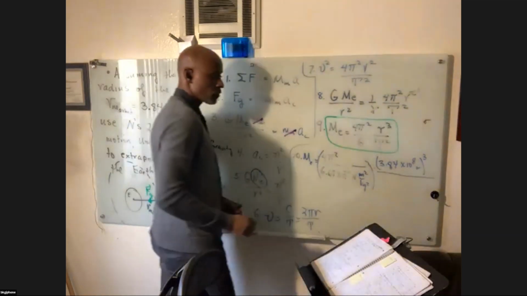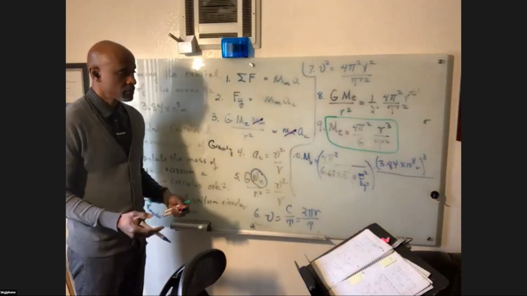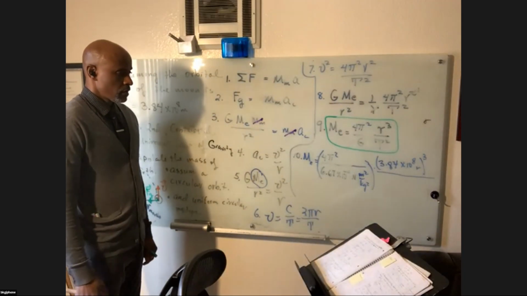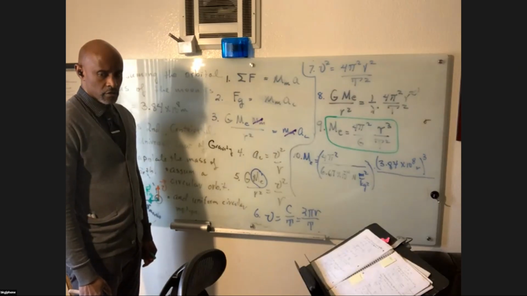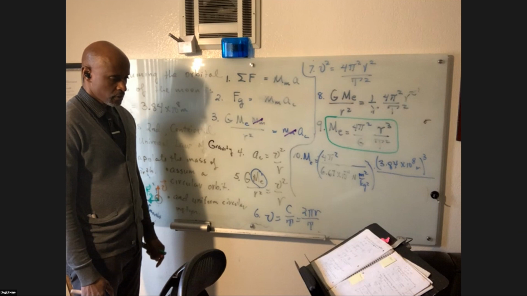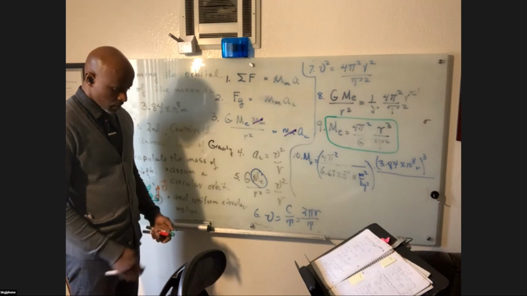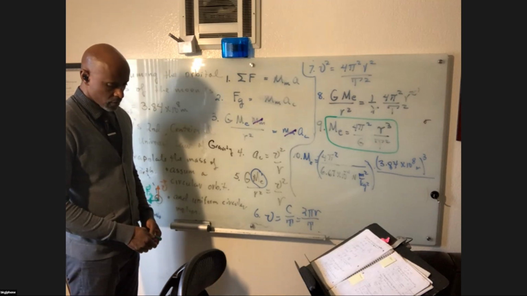Now you're going to have to convert the period to seconds. There are 60 seconds in a minute, 3,600 seconds in an hour, and 24 hours in a day.